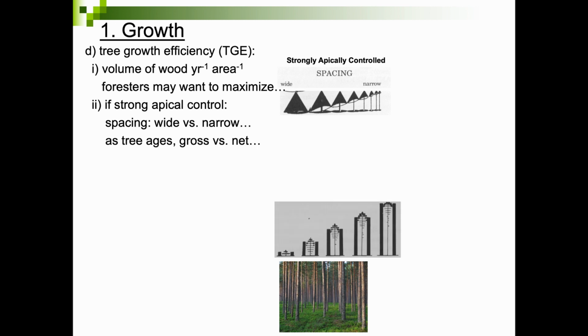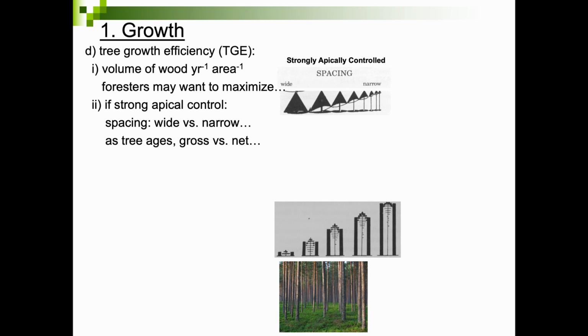Now, we should remember that the active canopy of these strongly apically controlled individuals is going to stay the same. If the stand is not reduced while they grow, if the density is not changed as they're growing, that active canopy is going to remain the same size.